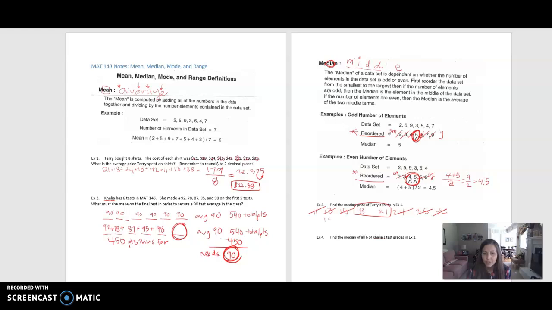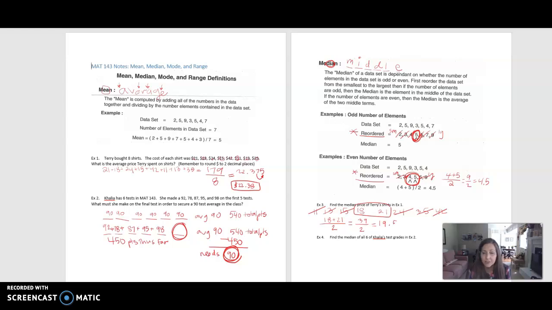So I'm going to average those up. 18 plus 21 divided by 2. That's 39 divided by 2. Now again, we're talking about money. We were talking about the price of his shirts. So when you put that in your calculator, you're going to get a decimal, and it's only going to have 1 decimal. Okay, so it's going to be 19.5.